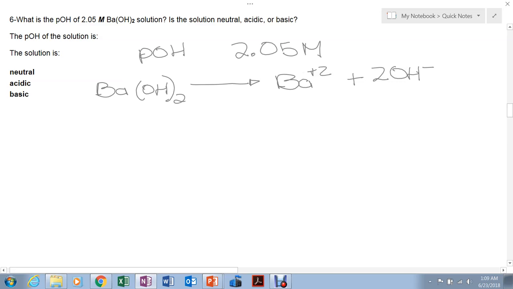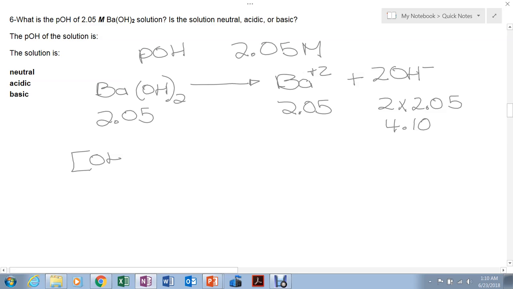So if you got here 2.05 molar, here is going to be the same at 1:1, but here is going to be twice 2.05, which is going to be 4.10. So the concentration of OH negative hydroxide is going to be 4.10.